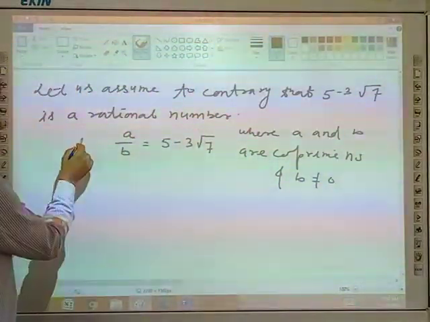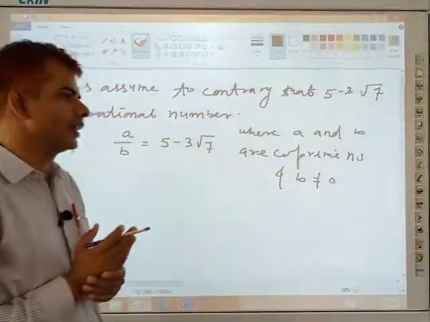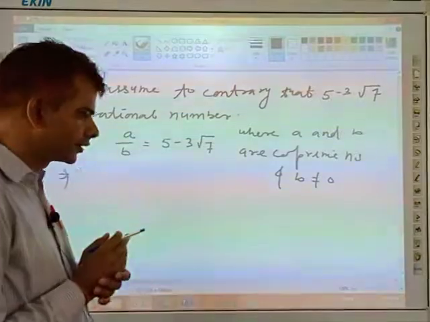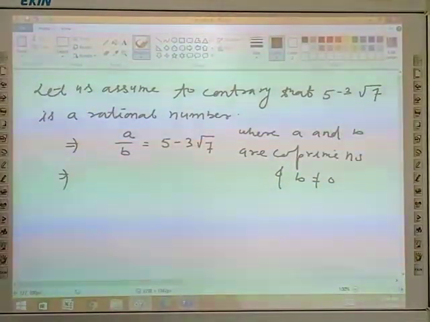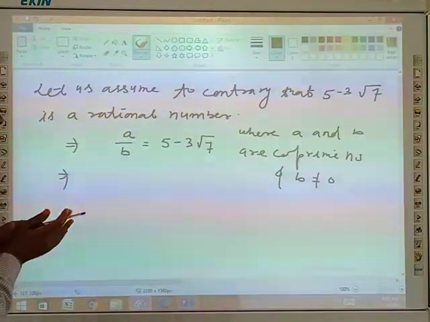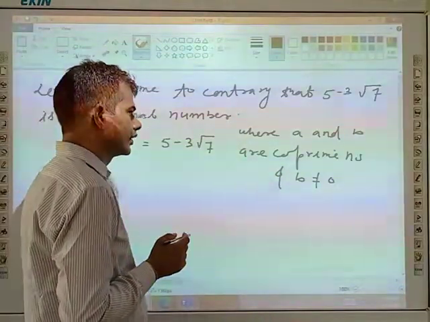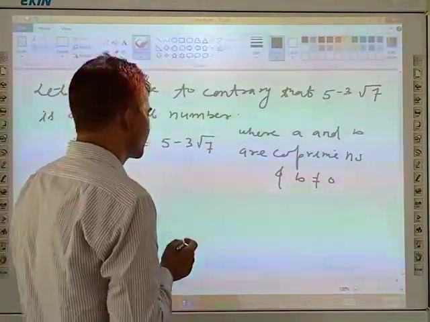Now students, we have already proved that root 7 is an irrational number. So we will put root 7 on one side, transfer the remaining on the other side, and make the root 7 positive.